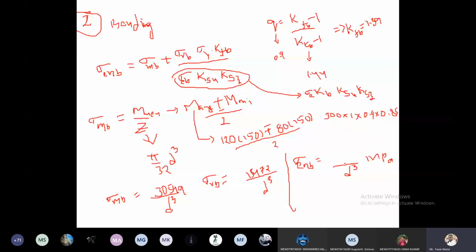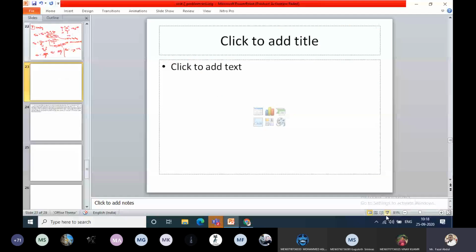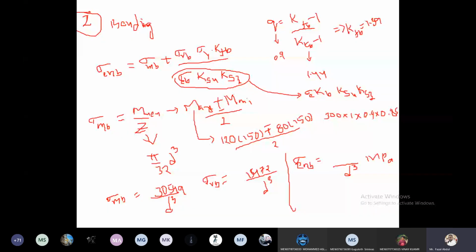This is the equivalent normal stress due to bending, and the answer is in terms of d cube.